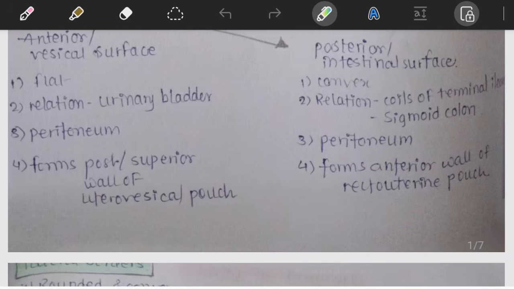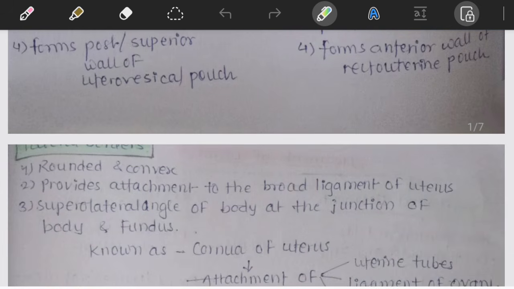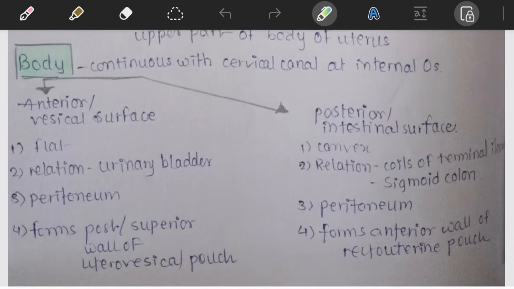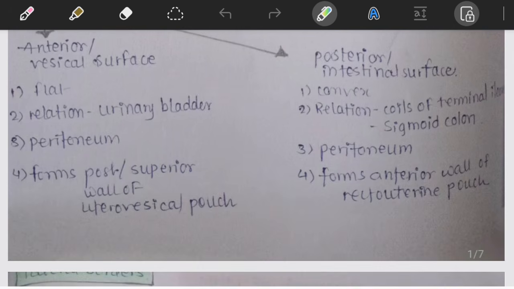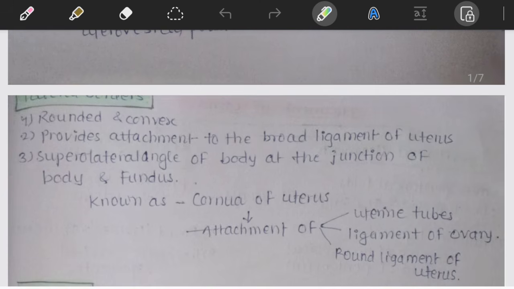So here is your important memory: in front is the bladder with the vesicouterine pouch, and at the back the rectum with the rectouterine pouch. Here is a quick recap: the uterus is pear-shaped, the fundus is the top, the main upper two-thirds is called the body, the lower part is the cervix, in front are the bladder plus vesicouterine pouch, and at the back the rectum plus rectouterine pouch.